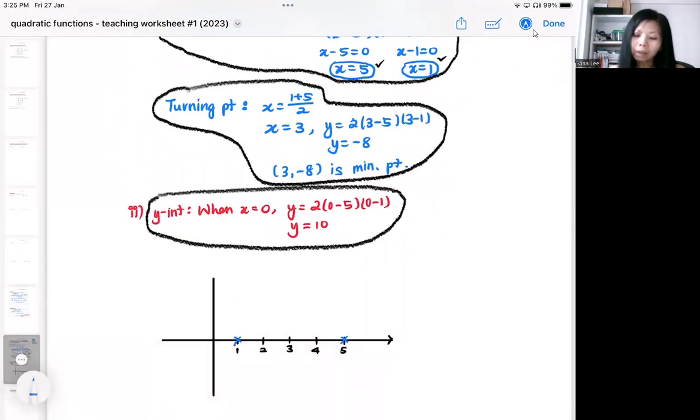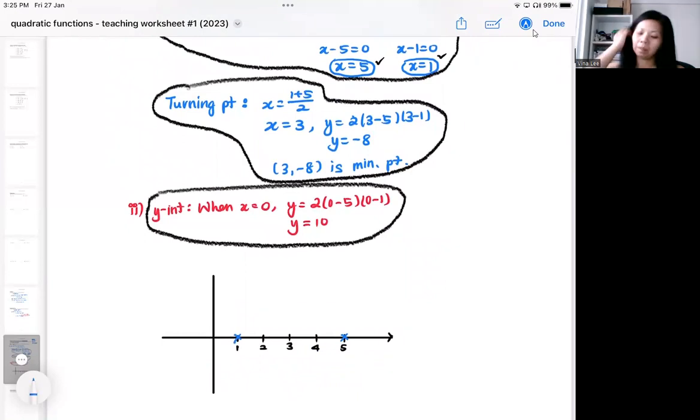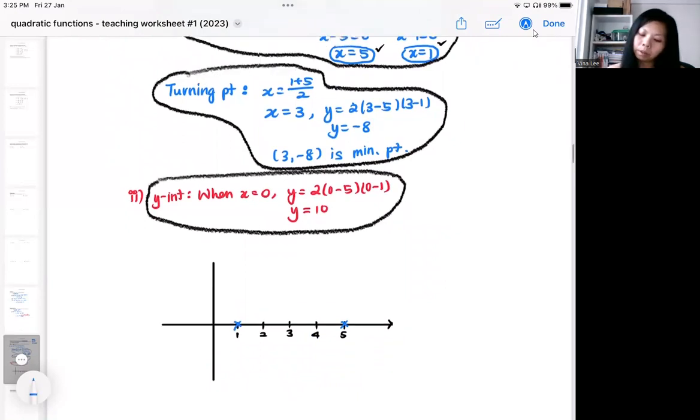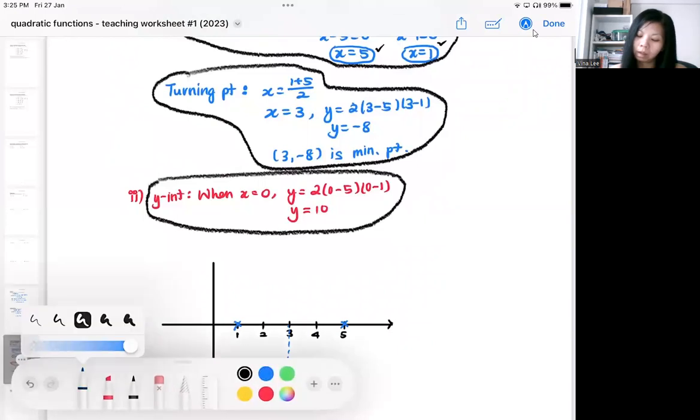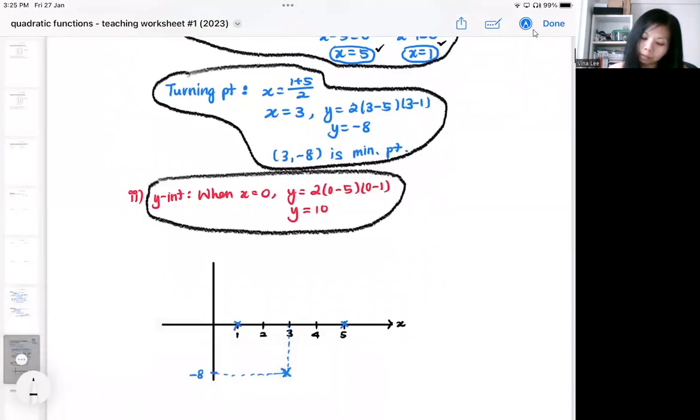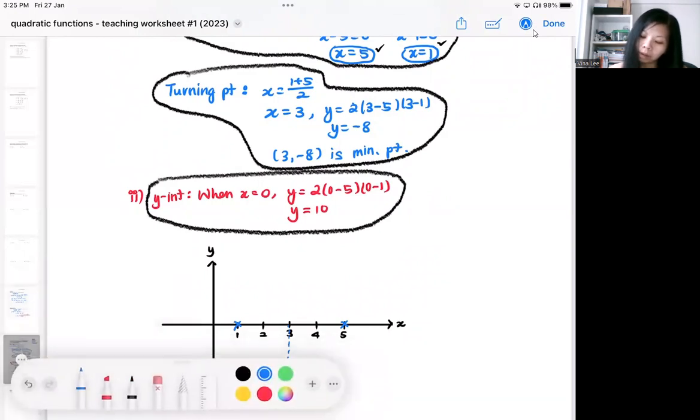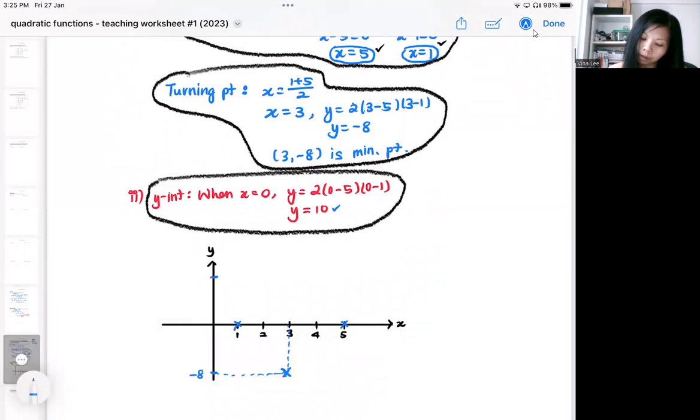Then I know that the turning point is in the middle. It's 3, minus 8, so somewhere here is minus 8. This will be the turning point. So I start off with the x-intercepts in mind, then I add on the turning point, and lastly I add on the y-intercept. It's somewhere here, 10.